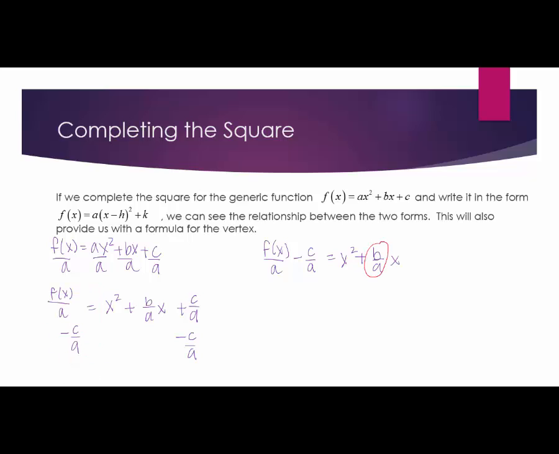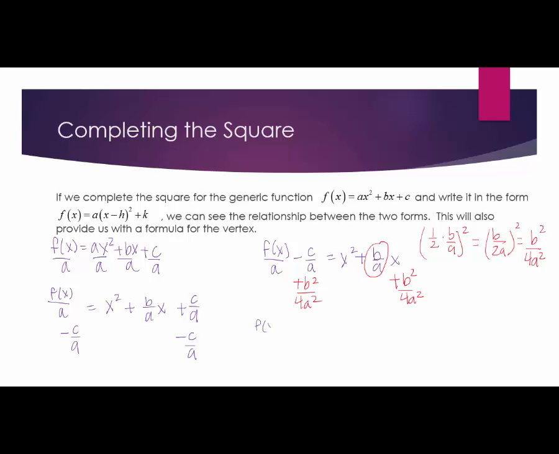Remember, it was to take this b over a and take half of it and then square it. So it looks like this is going to be b over 2a squared or b squared over 4a squared. This is the number that I need to add to both sides to create that perfect square. So I'm going to add b squared over 4a squared to both sides.